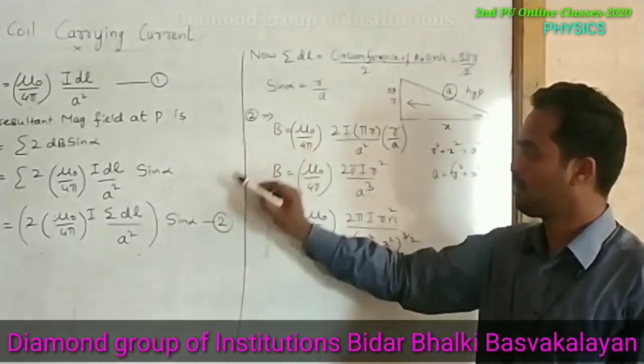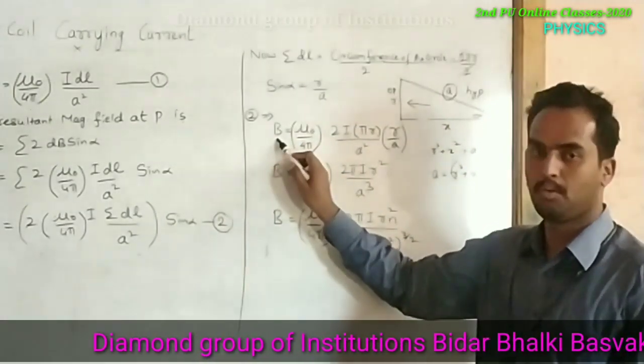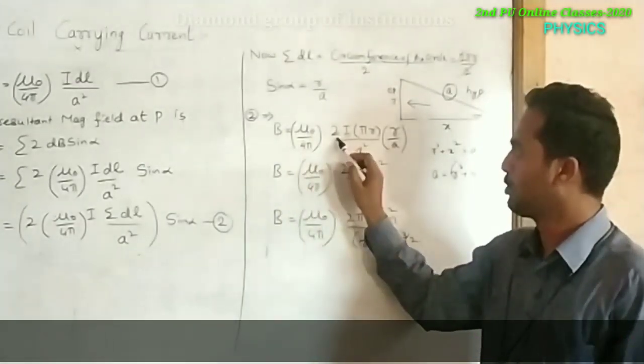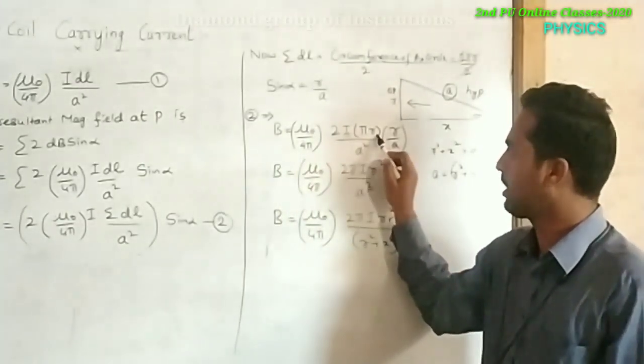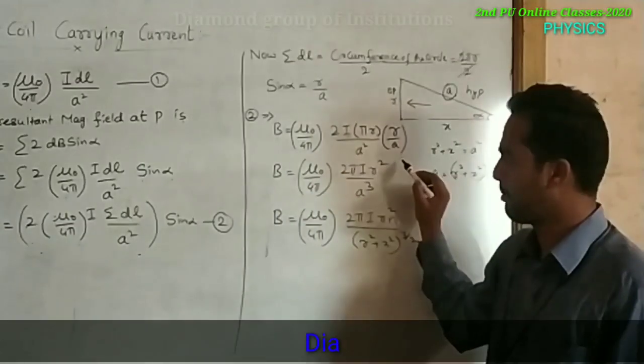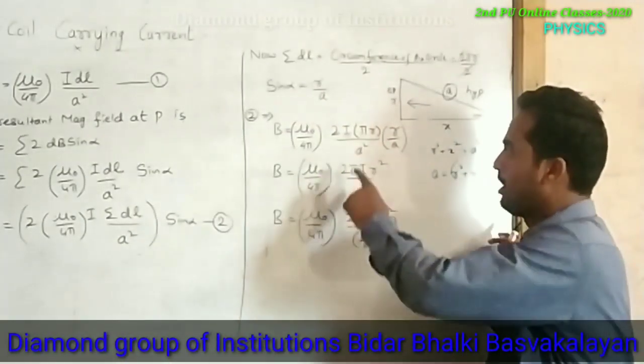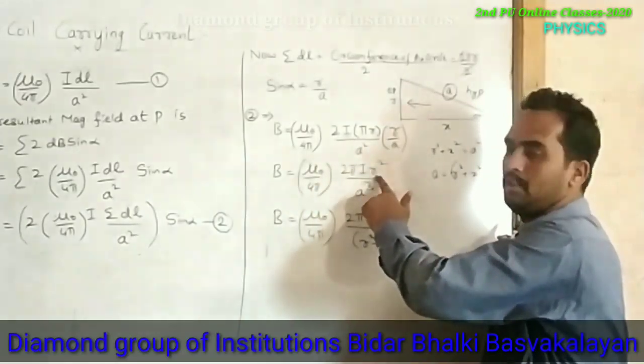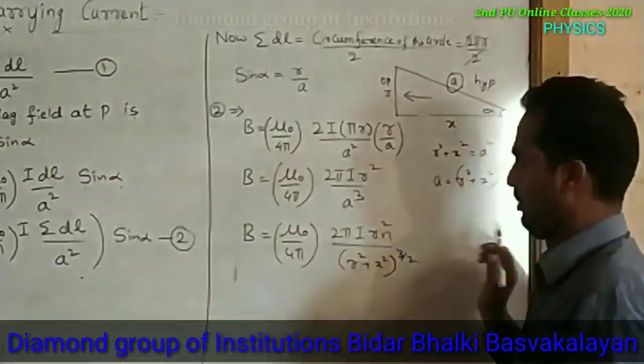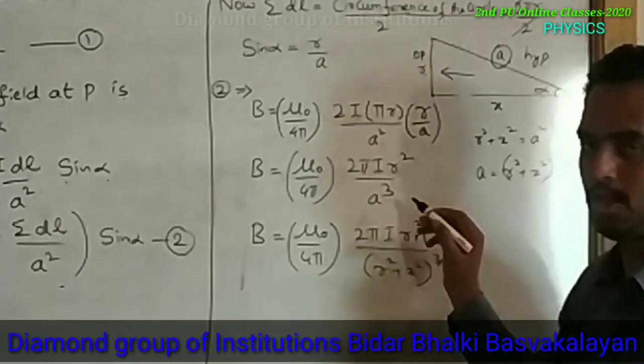So equation 2 becomes B equal to mu naught by 4 pi, 2 I pi r by a square into r by a. If you rearrange the terms, r into r becomes r square, and a square into a becomes a cube.